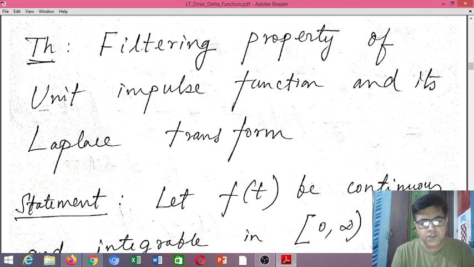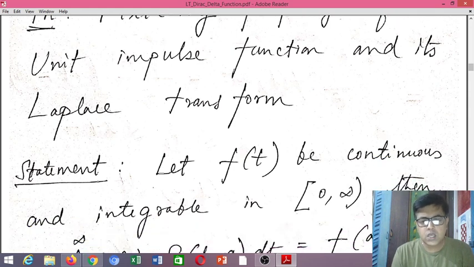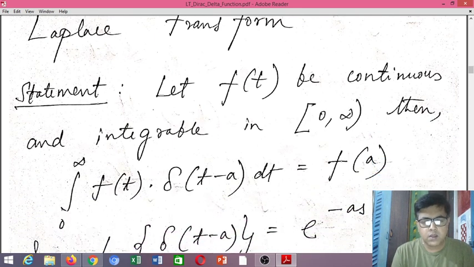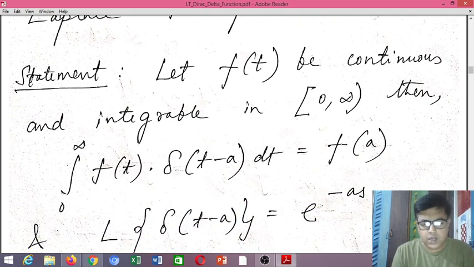First we state what this filtering property is. Suppose we consider that f(t) is a continuous and integrable function in 0 to infinity. Then if we take the integral from 0 to infinity of f(t) into delta t minus a dt, this integral will be equal to the value of the function at the point a, that is f(a).